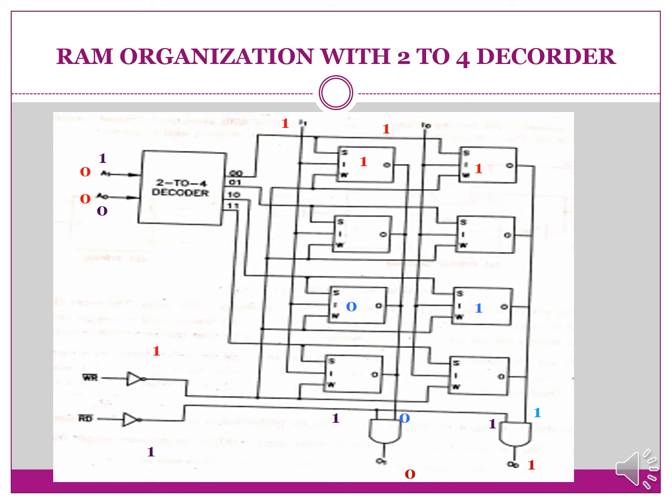First of all, steps to write into memory location 0, 0. We want to write data 1 as I1 and 1 as I0. This data we input, and that data we want to write into memory location 0, 0. So inputs A0 and A1 we provide as 0, 0.